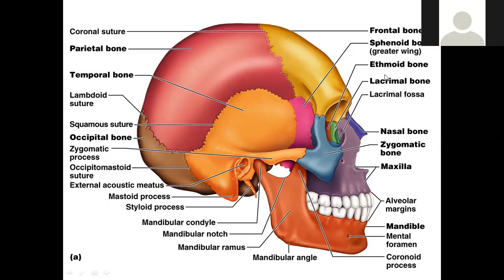Then now see here, this is the orbit, right? In the orbit, the roof is formed by which bone? You can see here, the roof is formed by the frontal bone, the floor is formed by the zygomatic bone, isn't it? Not only zygomatic, you are also seeing a part of the violet bone, that is the maxilla. The lateral wall is formed by the frontal bone and zygomatic.